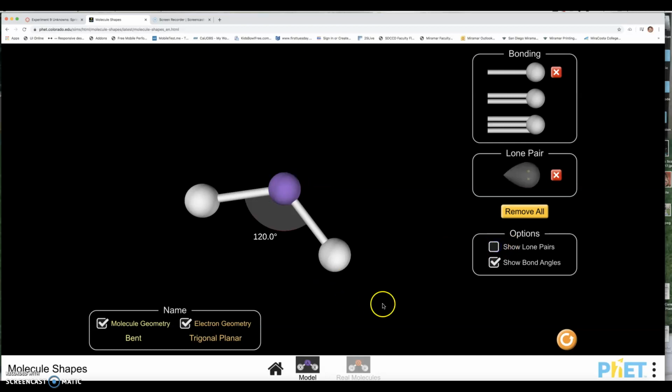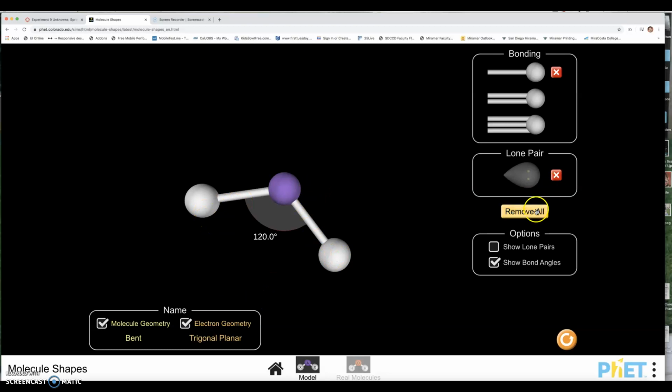So what happens is for molecular geometry, even though it still has a trigonal planar electron geometry because that lone pair is present and it's following valence shell electron pair repulsion theory, and I get roughly that 120, my molecule looks bent because I'm not looking at the lone pair, I'm just looking at the atoms.